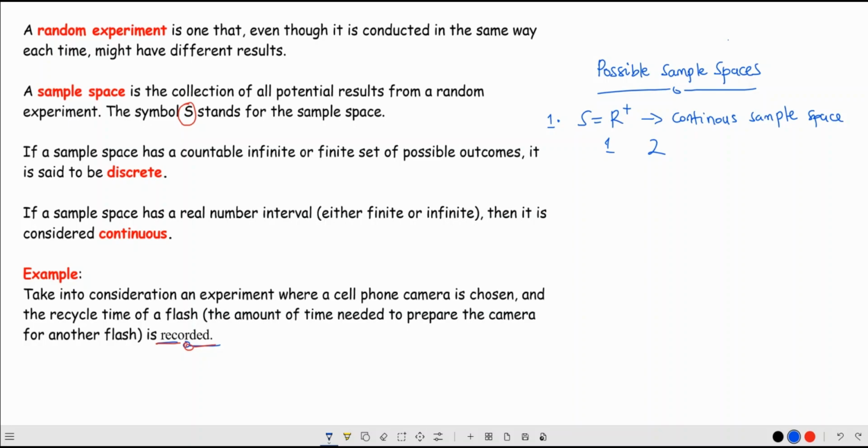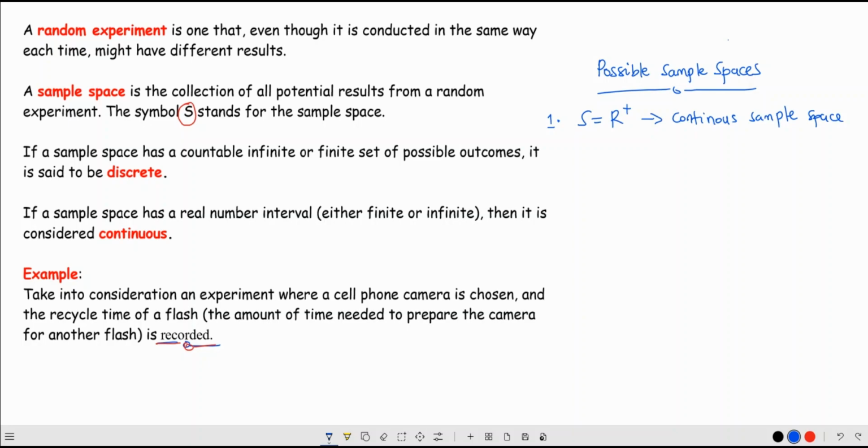It will be like a continuum, where the difference between the values is not really significant. So you see that you can get a high range of values between one and two, and considering we are looking at a whole range of positive real numbers, we can get a wide range of possible outcomes from this sample space. So we will term this sample space a continuous sample space.